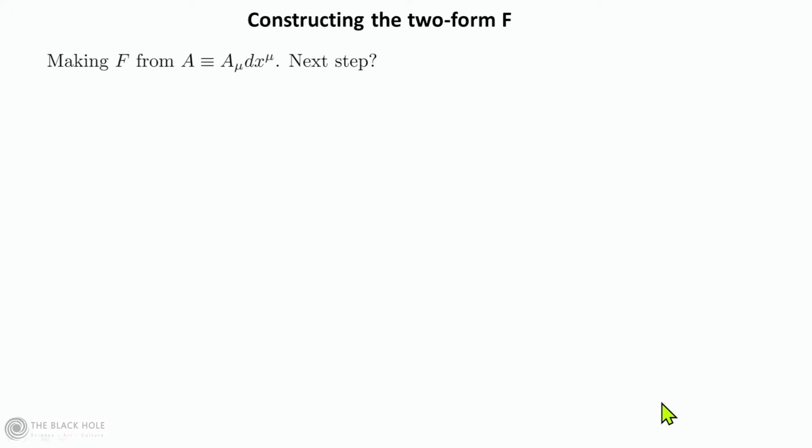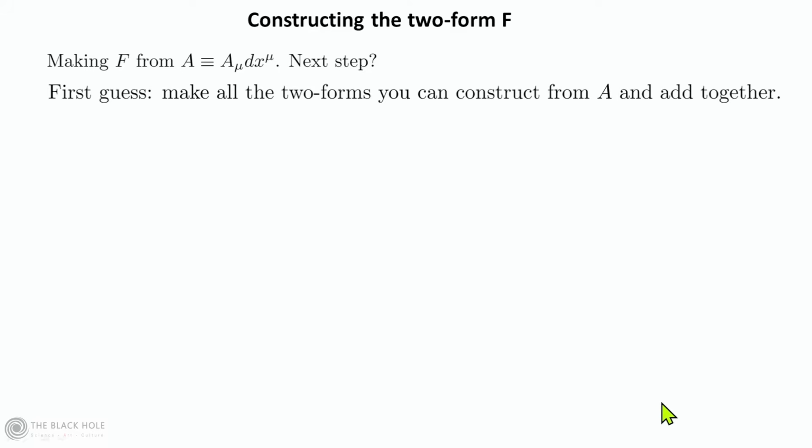So now, what will be the next step? We've made some progress. How do you go about trying to make the two-form F? Okay, the easiest thing is to multiply two one-forms together, and that makes it a two-form.